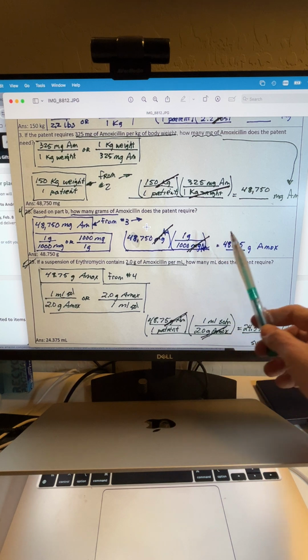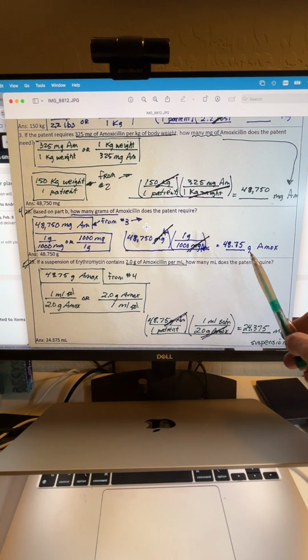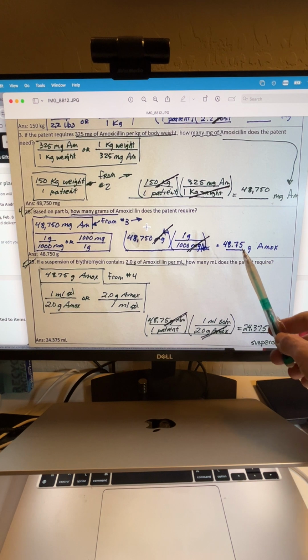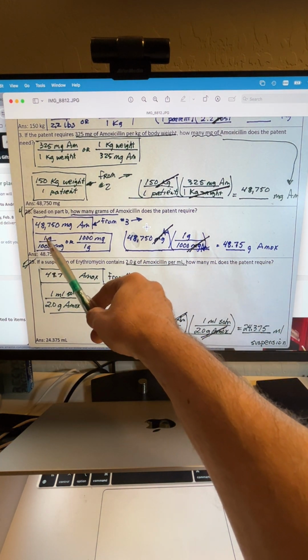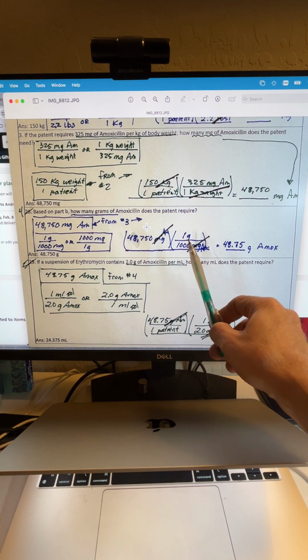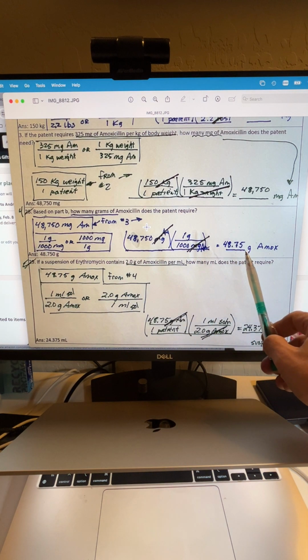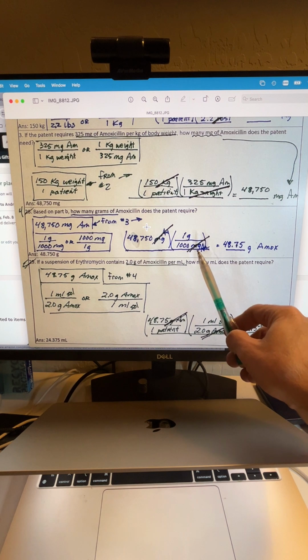So I'm going to go back to my answer, and it's grams. So I want to pick the conversion factor with grams on the top, because I want grams in my answer. And I look over there, and oh, it's that one. I forgot to cross it out. And we put grams on the top because the answer will be in grams, and this sets it up for us.